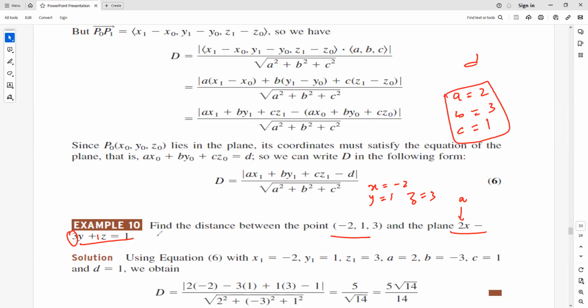And d will be simply -1, because if we move it to the left side of the equation, it will be -1. We can use this in the formula, and we get the distance from the point to the plane, right?